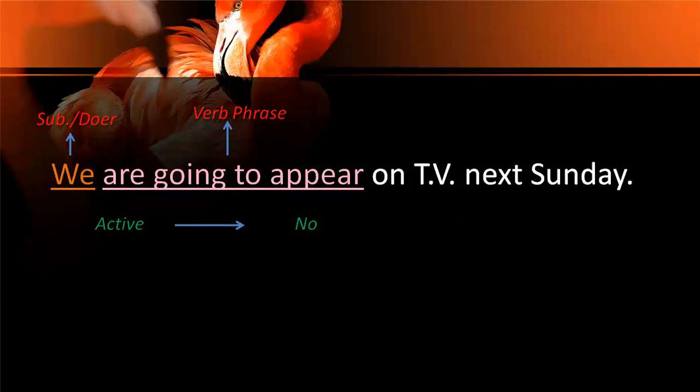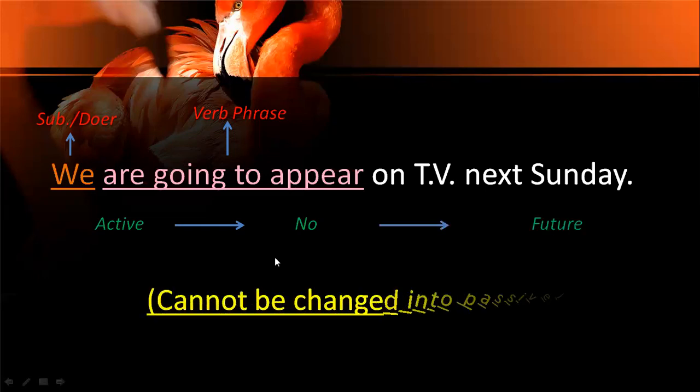No. Do we have an action verb? No. So we cannot change it into passive because we don't have an object that the verb acts on. In this case, we say it cannot be changed into passive.